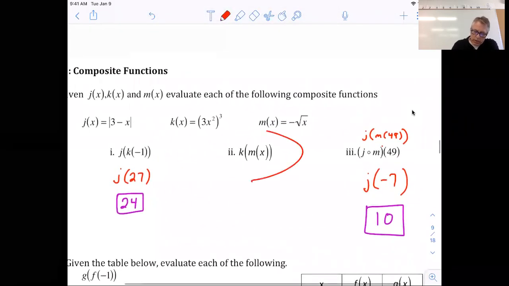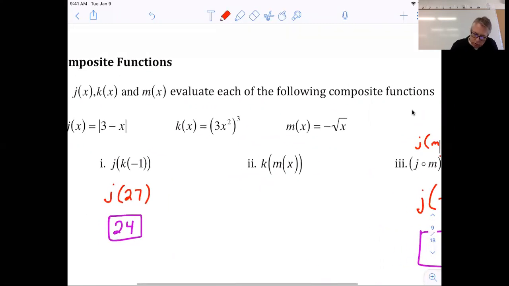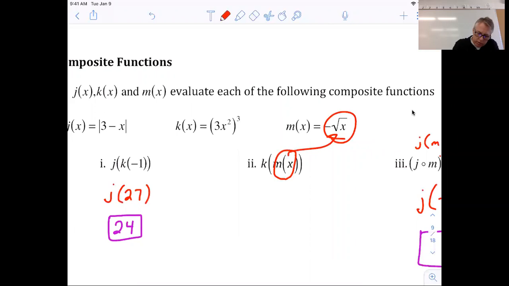So this middle one is done the same way, but we just don't have a number that we're inputting. We're just putting x in. So if we take m of x, which actually is just this whole function, that means that we're taking that function and plugging it into k.